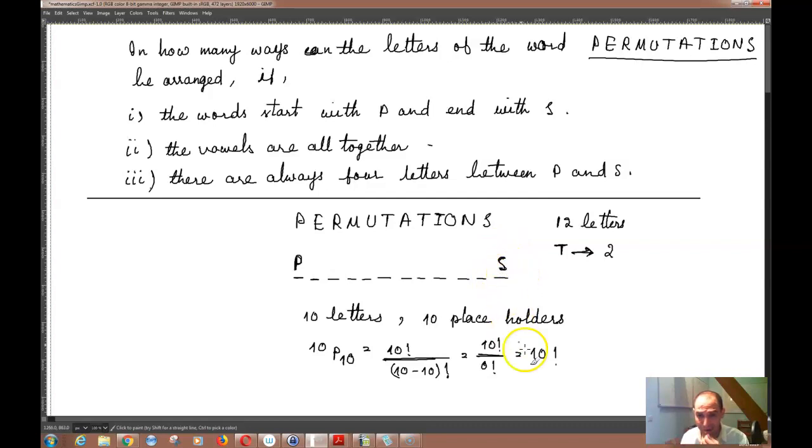But still there is a problem here, and the problem is that T occurs twice, so you have to take that out.